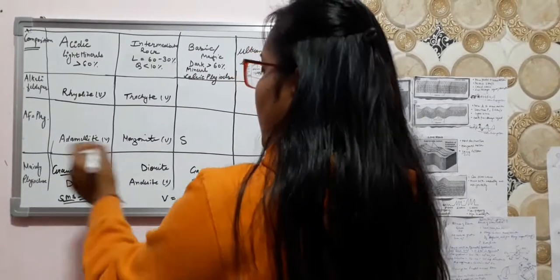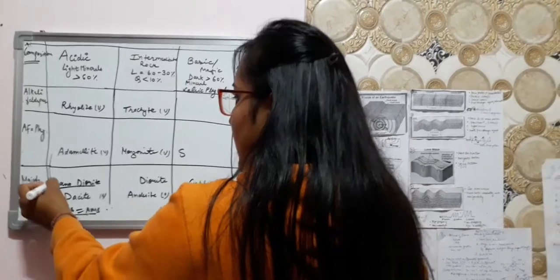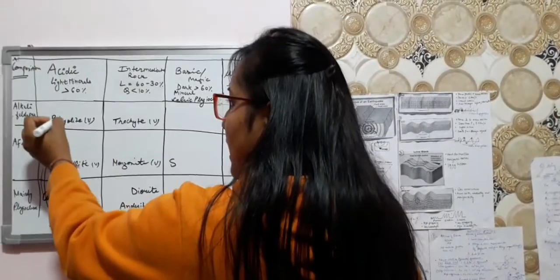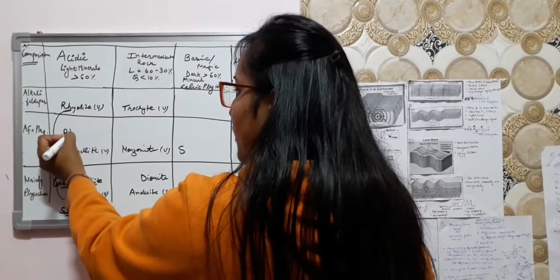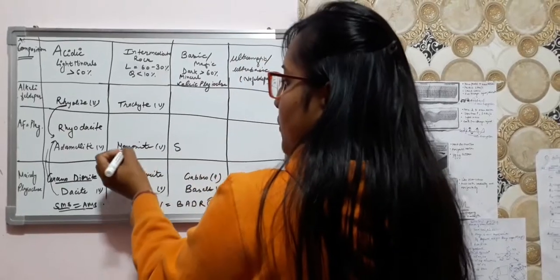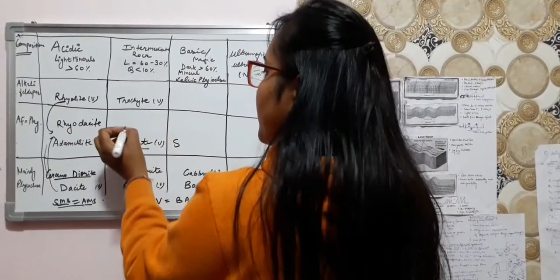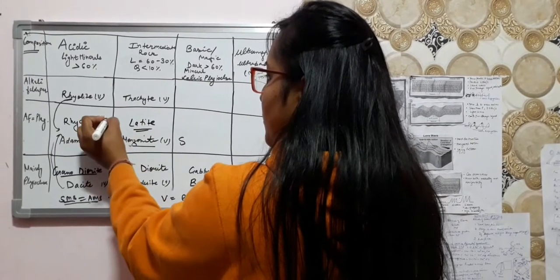Okay. Now for the adamellite, I will take this dacite from below and rhyo from above, so it will become rhyodacite. For monzonite, you have to remember one name, which is latite, its plutonic equivalent.